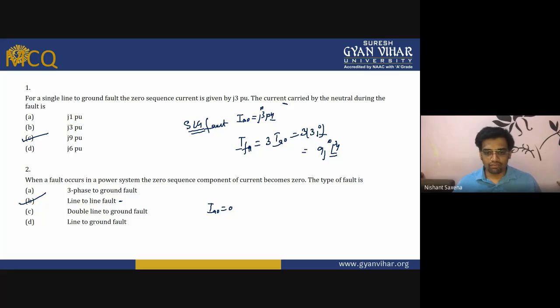Only in the line to line fault is IA0 equal to 0, whereas in three phase to ground fault it is not equal to 0. In double line to ground fault also the zero sequence component exists, and in single line to ground fault the zero sequence component also exists. I hope this is clear to you.